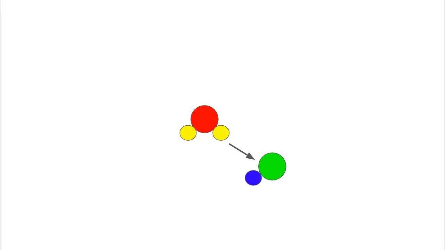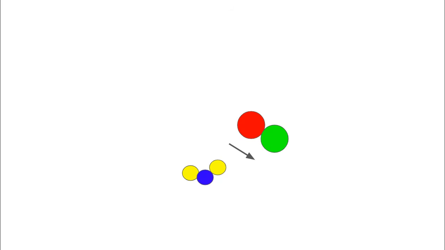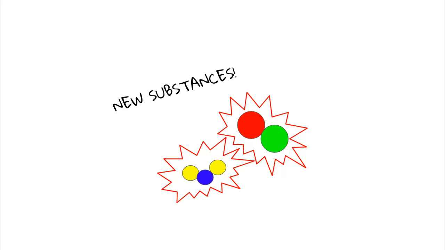When that happens, sometimes these molecules can break apart just like that. Okay, so now they're not attached anymore. And when they break apart, they have to attach to something else. So they're moving and moving around, and then they attach to new particles and new molecules. And now we can see we have two new particles. We have two new substances.